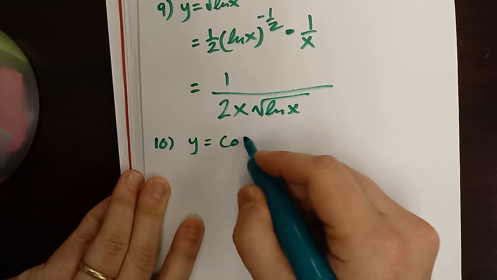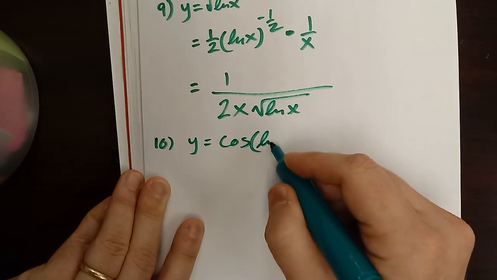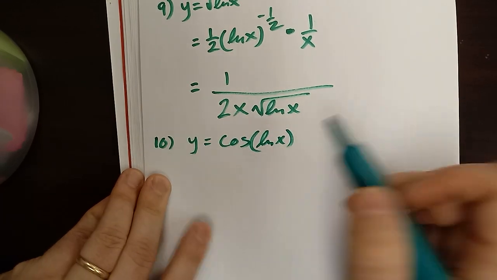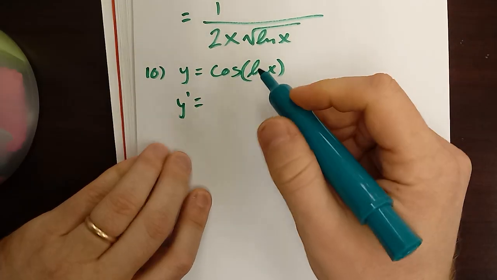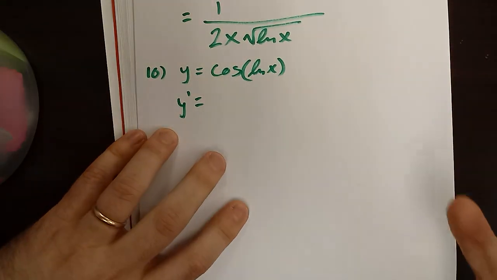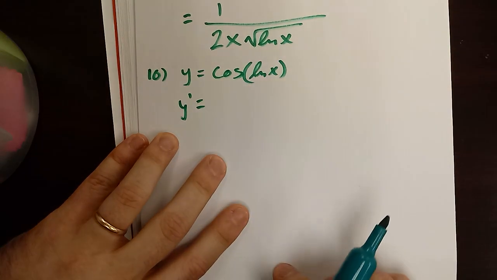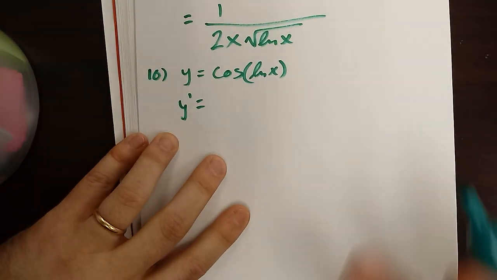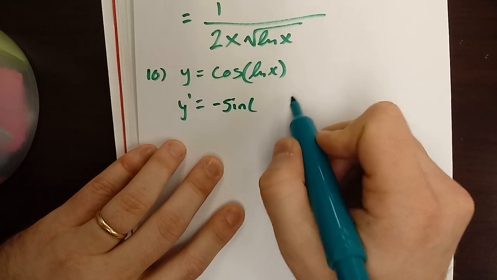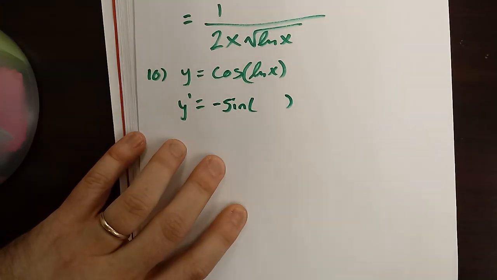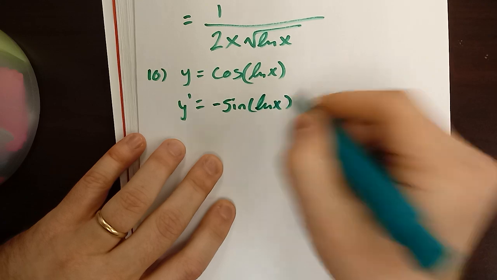10. Y equals cosine of ln x. So don't freak out. It's not that big of a deal. Y prime is going to be, well, what's the most outside thing we have? Cosine. So then what's the derivative of cosine? Negative sine. What do I do to the inside? Nothing, leave it alone. ln x.